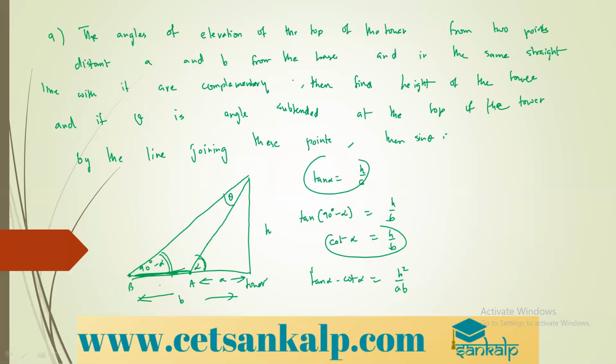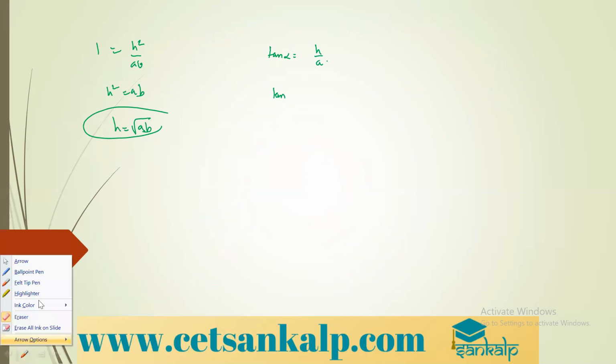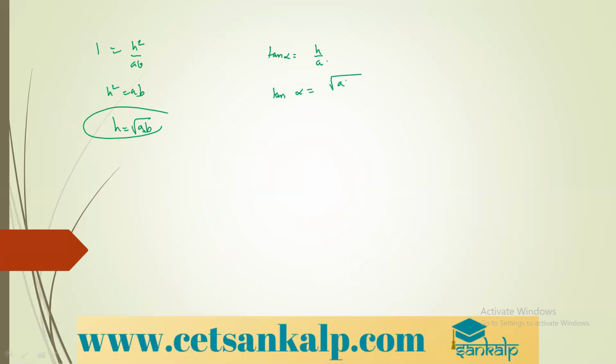Tan alpha is h by A. So I will write tan alpha equal to root AB by A, or tan alpha is root B by root A, equal to root of B by A.